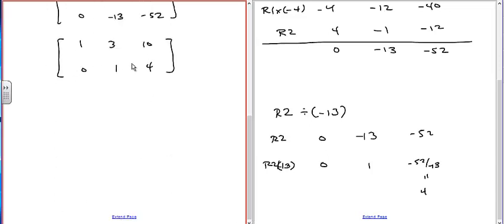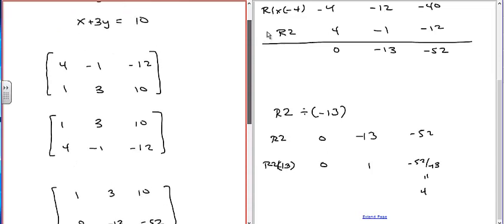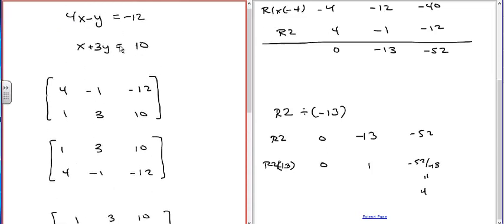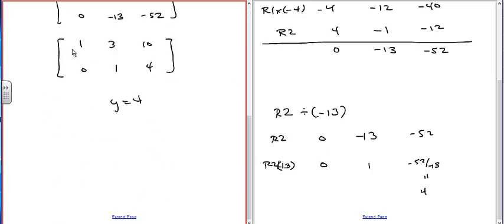So once you get here, this says 0x plus 1y equals 4. 1y equals 4 is the same as y equals 4. So that's my first solution. And then I can go back and plug that into either one of these equations. Well, actually, we're going to use the one represented by the first row.